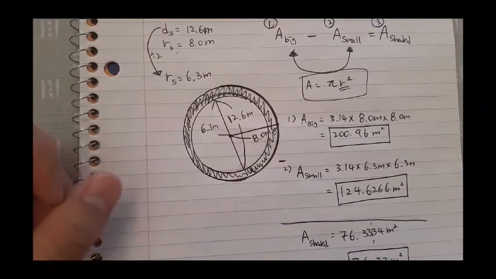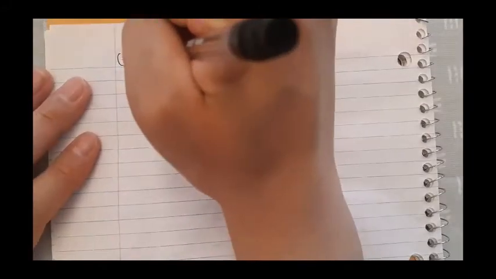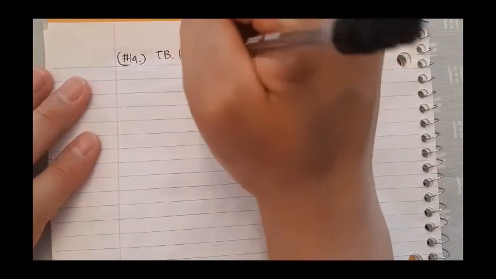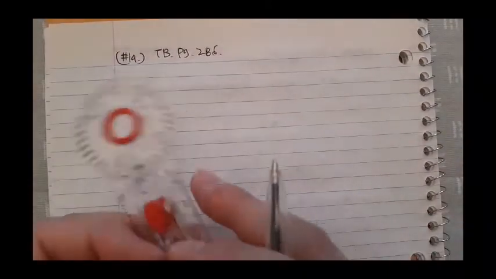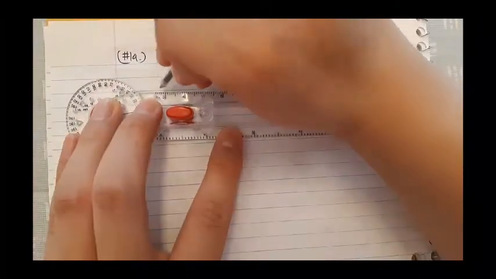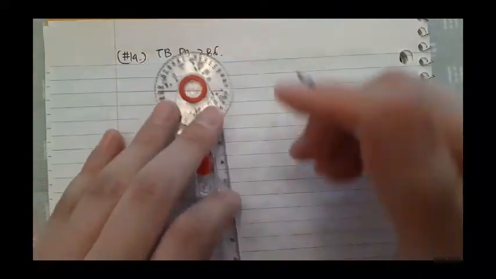Next example. I'm going to use a textbook example. It is number 19 of the extended questions on page 286. In fact, if you don't mind, I am going to draw the diagram that is given.